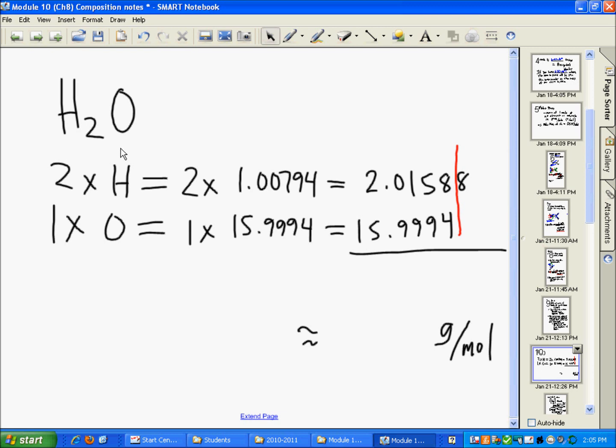So if you have a mole of water, the weight of that mole will be 2 moles of hydrogen and 1 mole of oxygen. So to find the weight of 1 mole, you add the grams per mole for 2 moles of hydrogen and for 1 mole of oxygen.